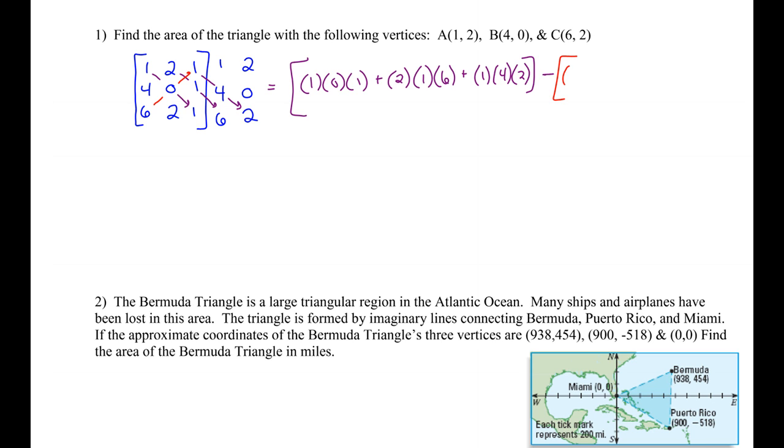So we start with 6 times 0 times 1, and that'll be added to our second set of diagonals, which is 2 times 1 times 1, which will be added to our third set, which is 1 times 4 times 2.